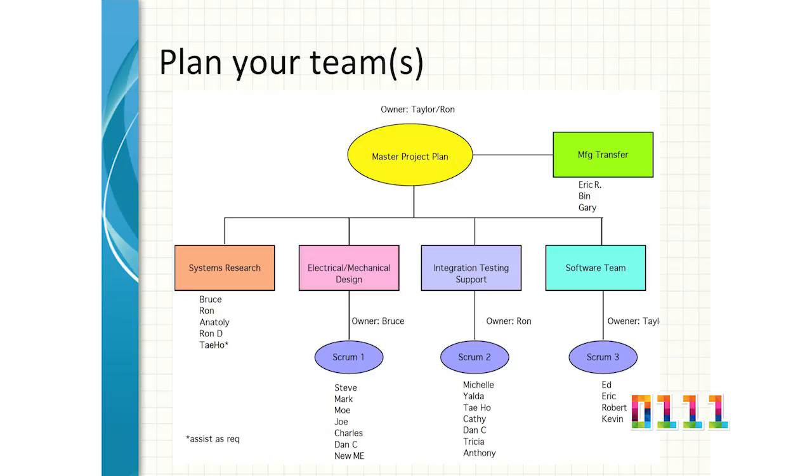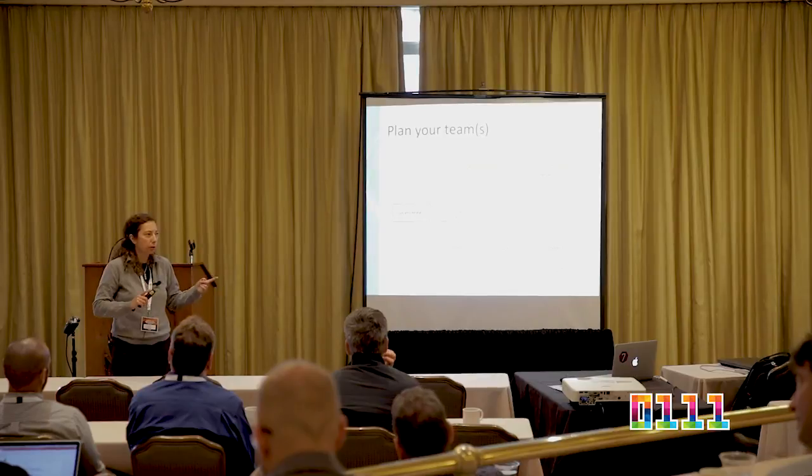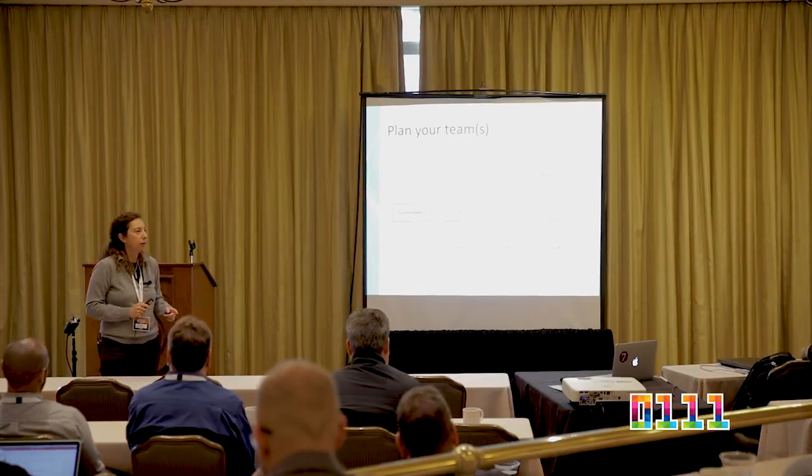You might have multiple teams running in parallel, but if you have multiple Scrum teams, you always do a Scrum of Scrums. So you're always focusing on the communication. I agree with Matt that 100% the most important thing is to maintain that communication.